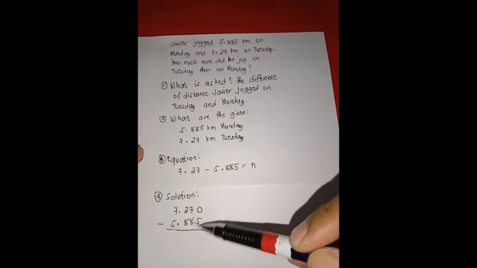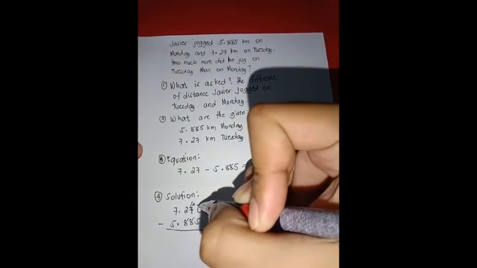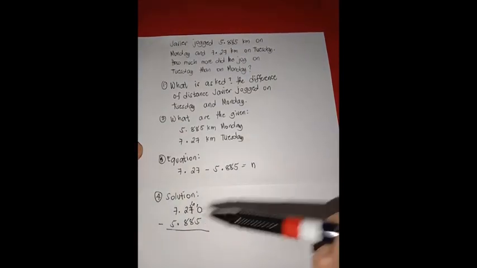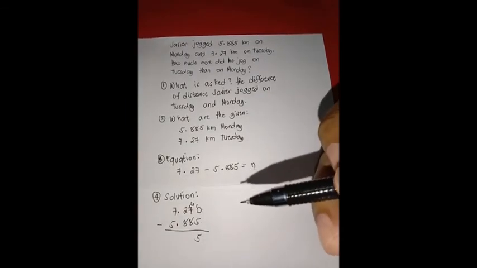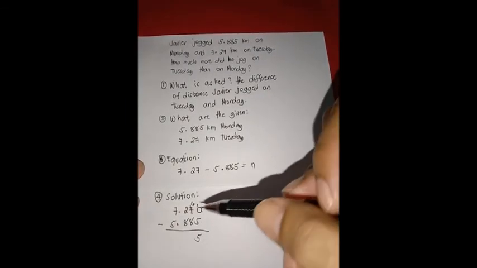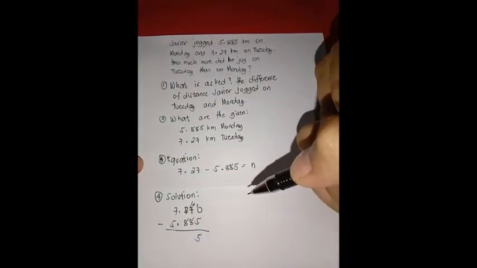So 0 minus 5 cannot be, so therefore we'll need to borrow kay number 7 or sa kalapit niyang digit. So number 7 will become 6 and 0 will become 10. So 10 minus 5, so equals to 5. So pwede na natin siya masubtract. Next. So 6 minus 8 cannot be, so therefore we need to borrow sa katabi niyang digit wherein sa 2.